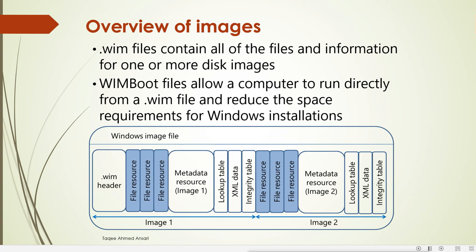For example, we install Server 2016. In the normal DVD or installation media, there is an image file, and in it we have four different images. One is the standard core installation, the standard graphical installation, then the datacenter core installation, and then the datacenter graphical installation.